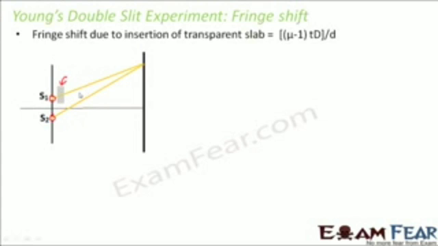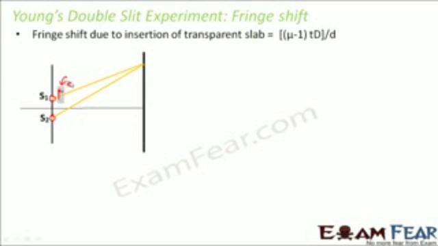So in this case, we find that the entire fringe pattern which was seen on the screen gets shifted. So what do we mean by it gets shifted? Let us say that this slab which has been introduced has a thickness t and a refractive index mu.